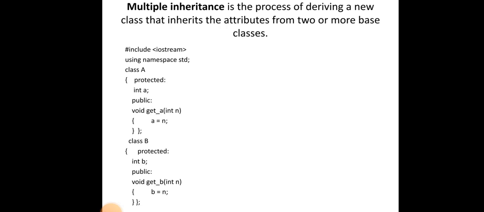Inside class A, under the public access specifier, we have a function called void getA. Next, we have another base class called class B. Inside class B, we have one member function under the public access specifier called void getB.